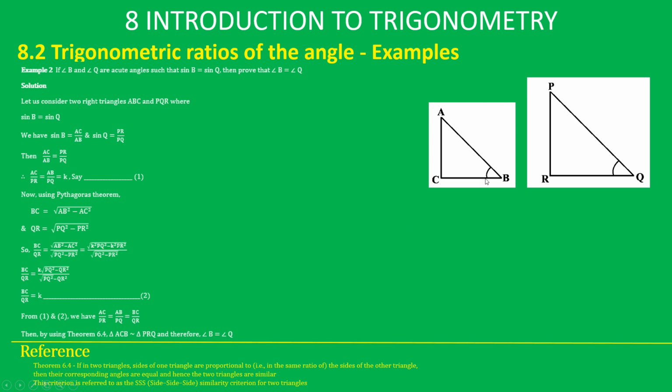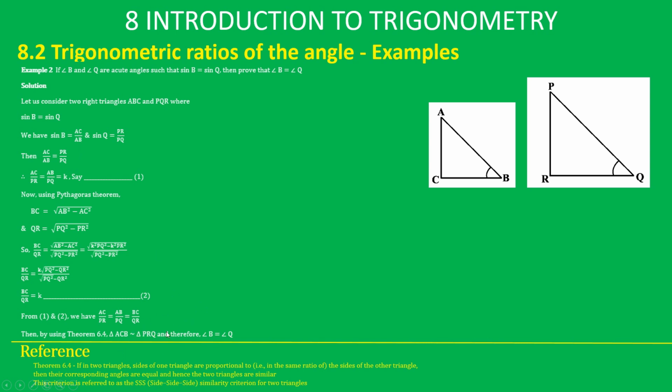AC divided by PR, corresponding heights, and the ratio of hypotenuse, AB by PQ, and ratio of bases, BC by QR. This is nothing but the ratio of corresponding sides, which is K, a constant.